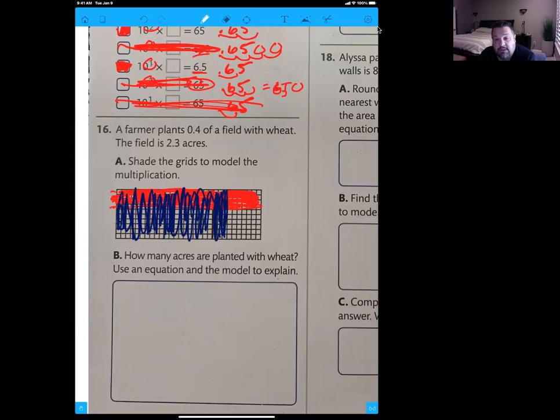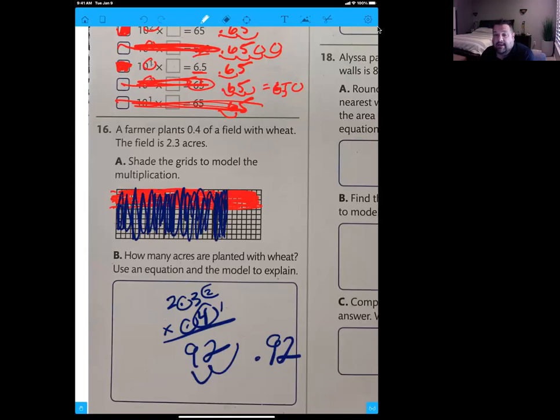Now, why you would draw that versus doing 2.3 times 4 and getting 92 with 2 decimal moves, right? 1, 2, and getting 0.92.